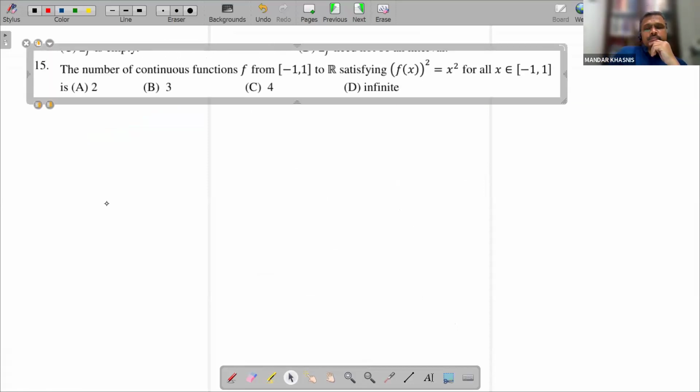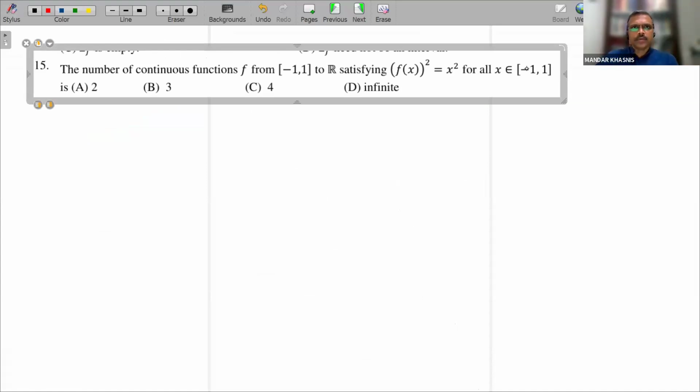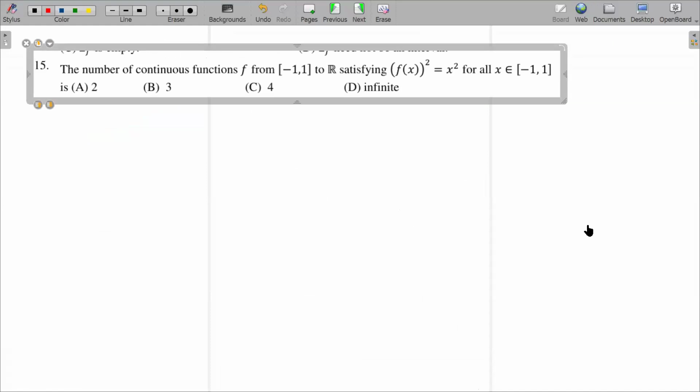This is the question. Let me see the chat. Malik has said D. Ashutosh is saying A. Fine. That is 2. Ashutosh is saying 2. Any other answers? It has a unique answer, by the way.